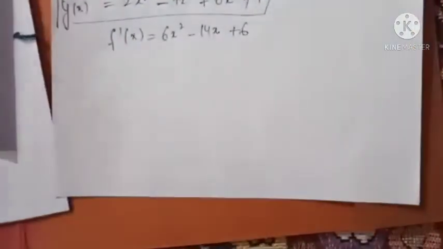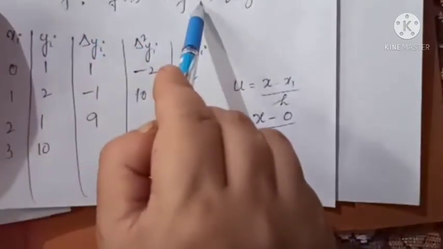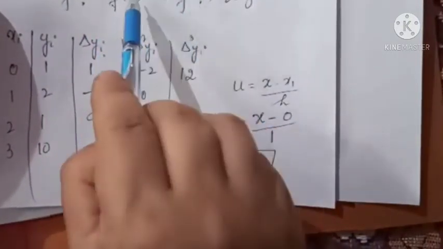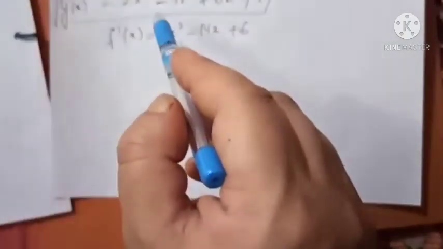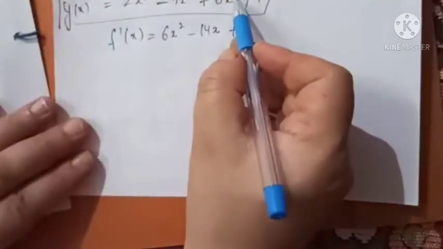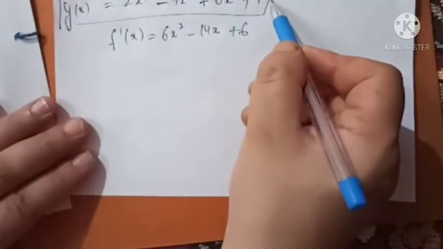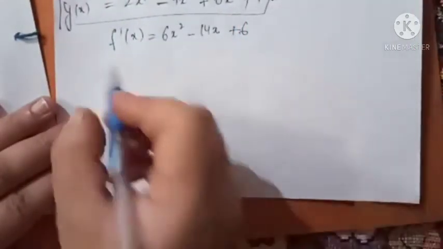Okay, now the second part of the question is, after finding the derivative of the polynomial, we have to substitute the value 4 in the equation and in the derivative of the equation, so that we can get the values as well. Firstly substitute 4 in this equation.